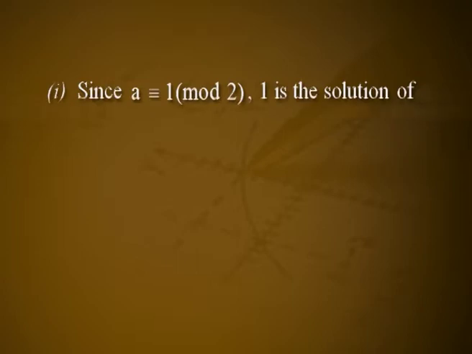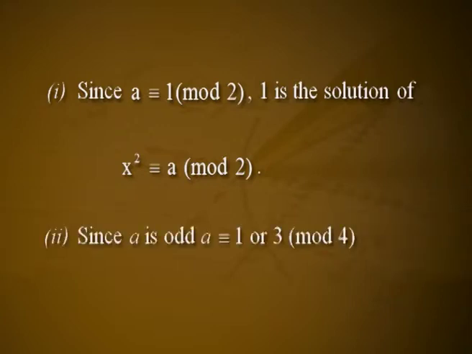Proof. 1. Since a congruent to 1 mod 2, 1 is the solution of x square congruent to a mod 2. 2. Since a is odd, a congruent to 1 or 3 mod 4. Also, b square congruent to 0 or 1 mod 4 for each integer b.